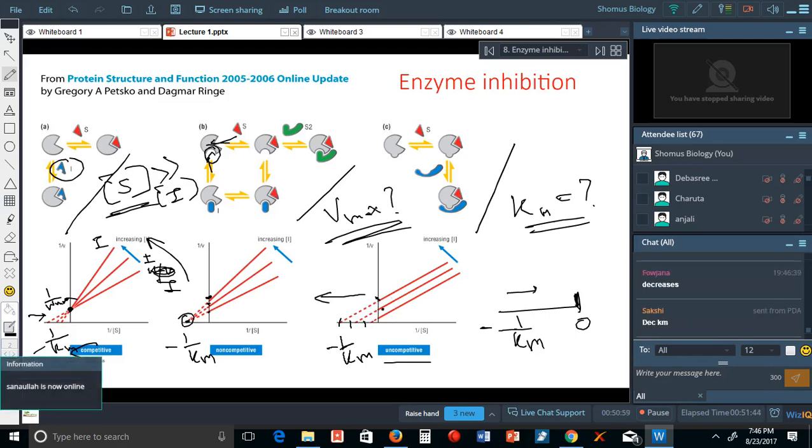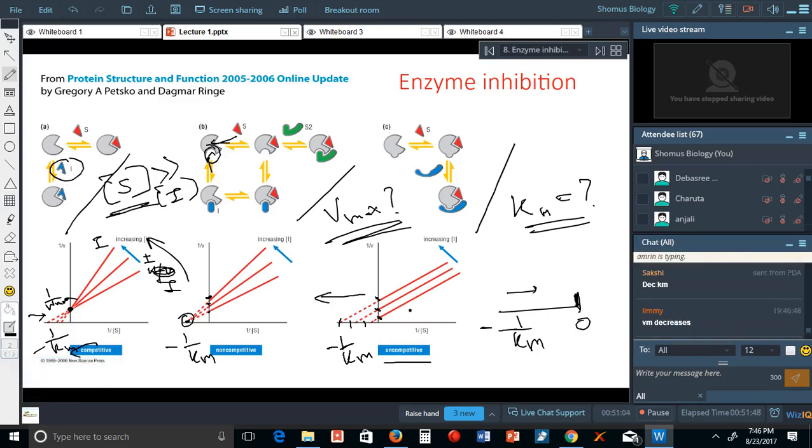While what's happening to the Vmax? Also decreasing. Because we cannot reach Vmax.